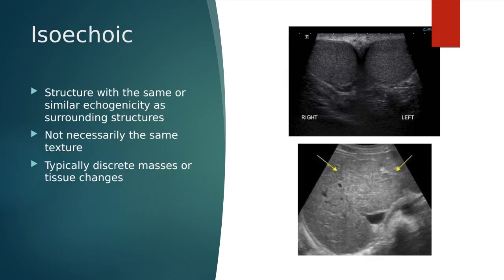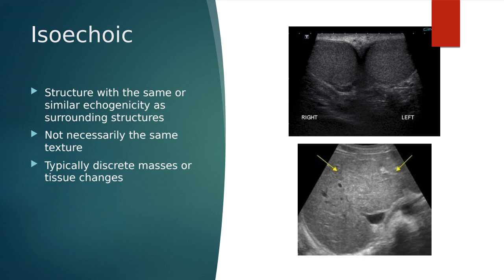Next, we have isoechoic. So this is talking about the comparison of the echogenicity of one structure to a nearby structure, or maybe to a different segment of that structure. So this is saying that you have the same or similar echogenicity to a nearby or surrounding structure.